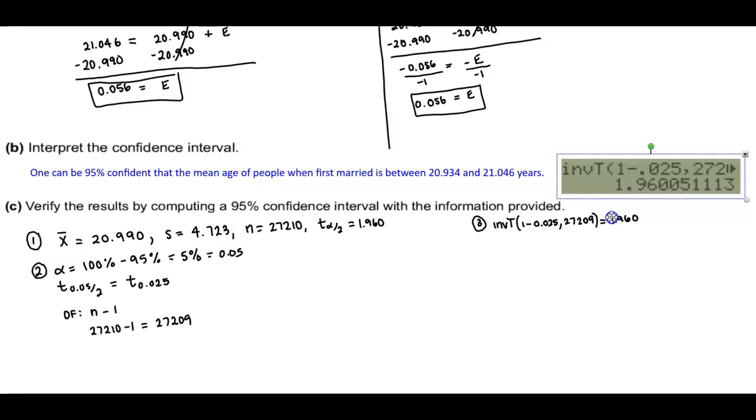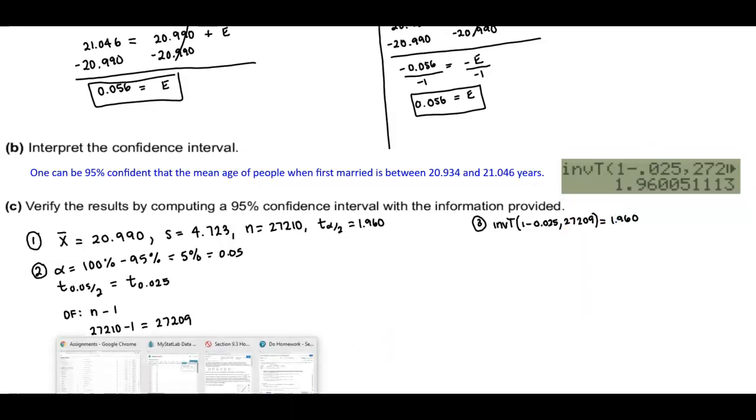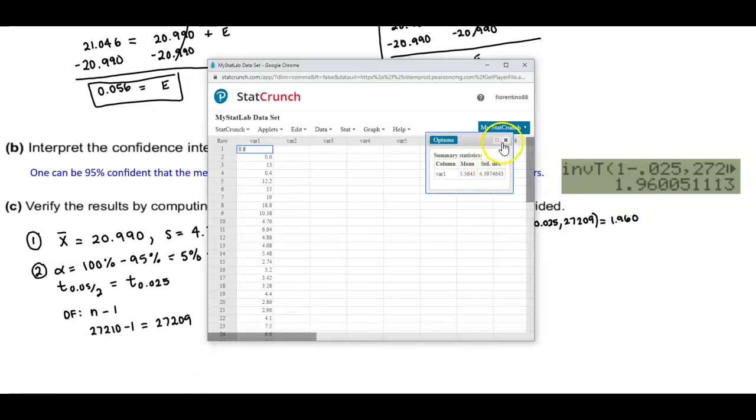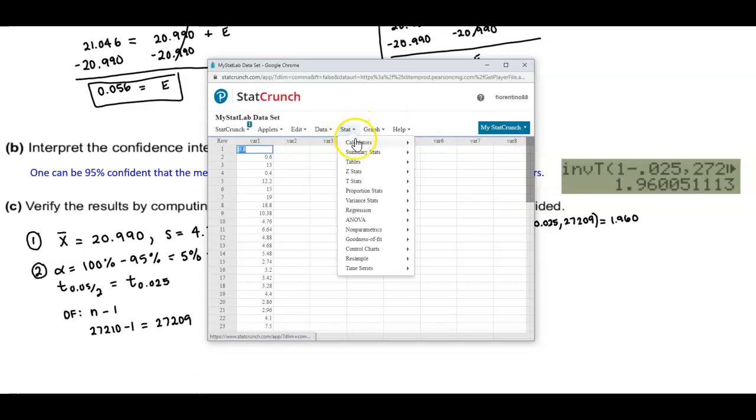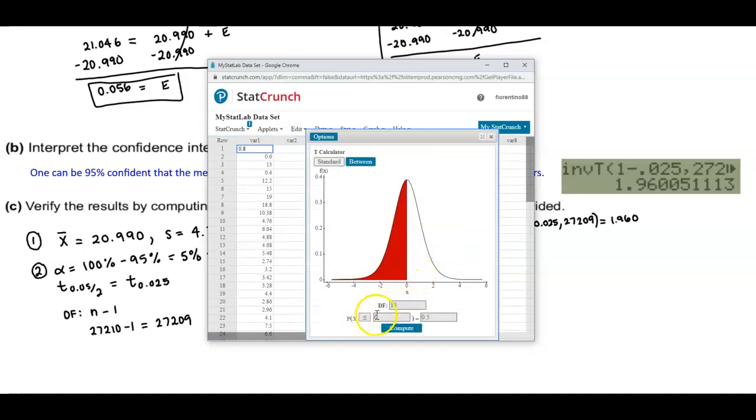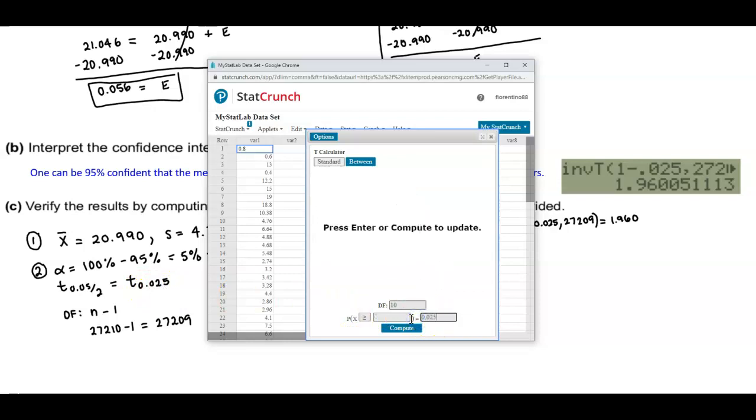Now if we wanted to use StatCrunch, we would go to Stat, Calculators, and then T. We want the area to the right, so we use 0.025, put in the degrees of freedom of 27,209, and compute, and we get the same thing.